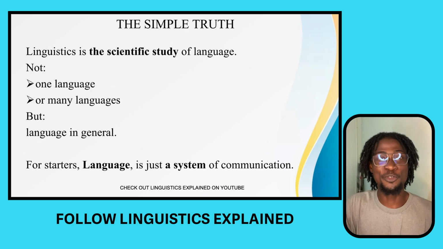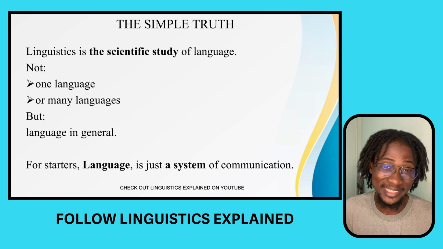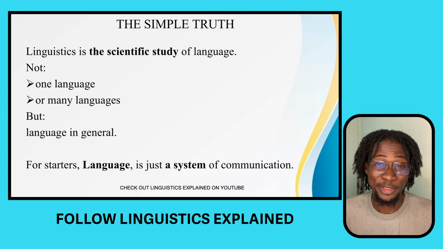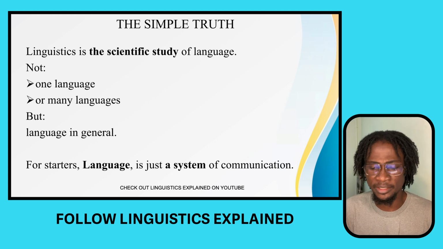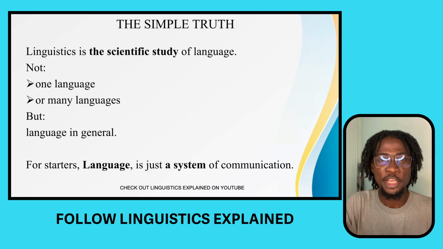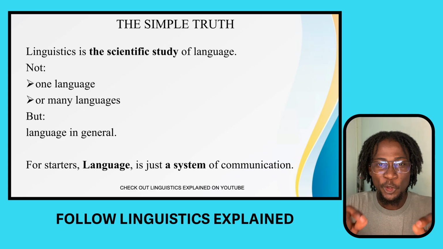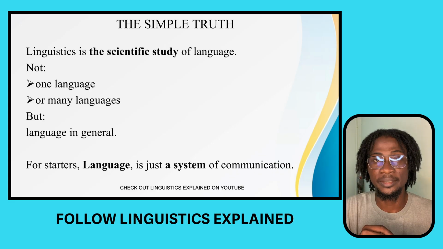So we all know that language is the means through which humans interact, from social studies and English and wherever we learned those things in the primary school days. It's the same concept that we have, but this time around, we are very keen on establishing the fact that language is not just what is spoken.